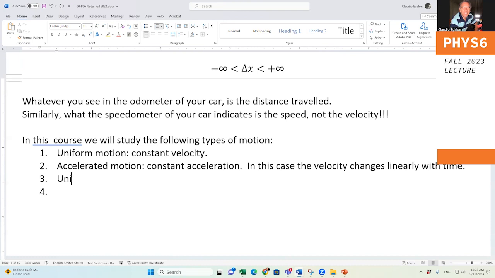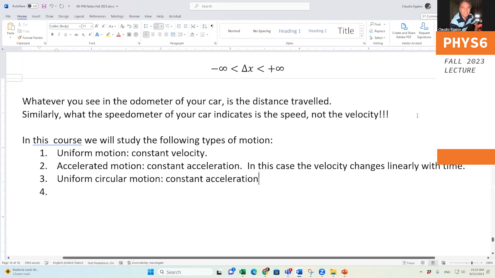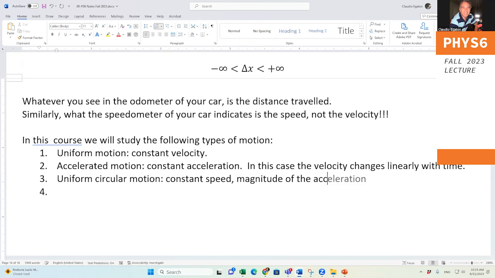We have uniform circular motion, which is constant speed. We can say also that the magnitude of the acceleration is also constant.